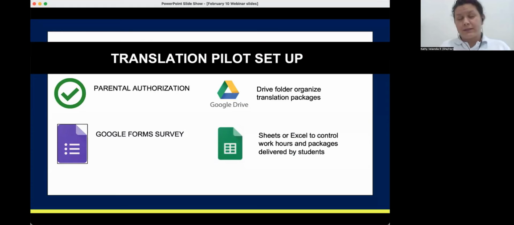And again, as you can see, we went for a lot of Google tools because they are easy to use, easily available for everybody. For a while, we thought about using our school's LMS platform, learning management platform, but I believe that would have limited the replicability of this project. Next, please.